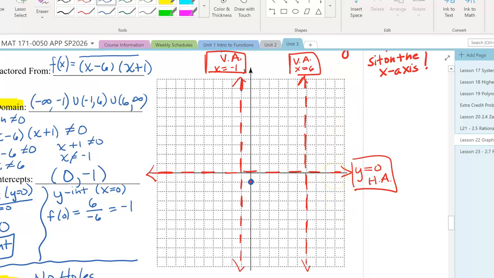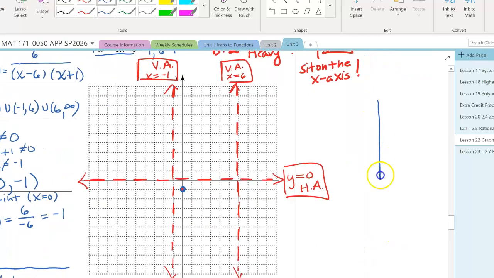Now, I know that there are no x-intercepts, so I know that in this section, it's never going to cross this horizontal asymptote. So I'm thinking it's probably going to come down here. But let me pick an x value over here to let me know what's going on in here. I've picked a lot of different x values, but I need a minimum of 2 on the test.